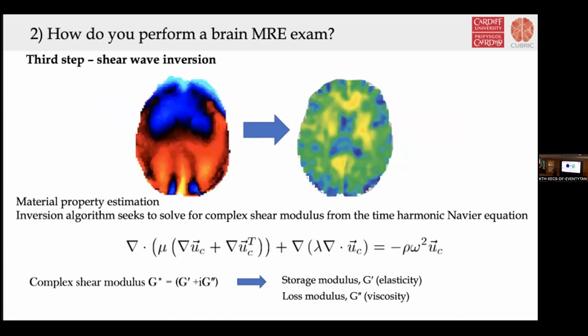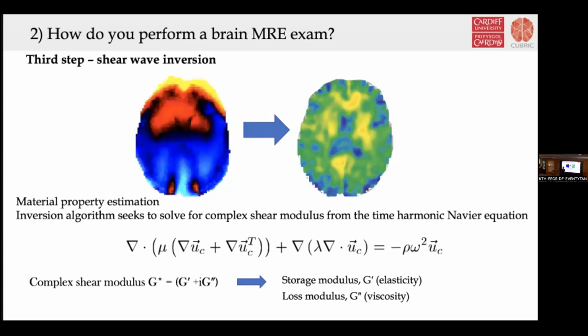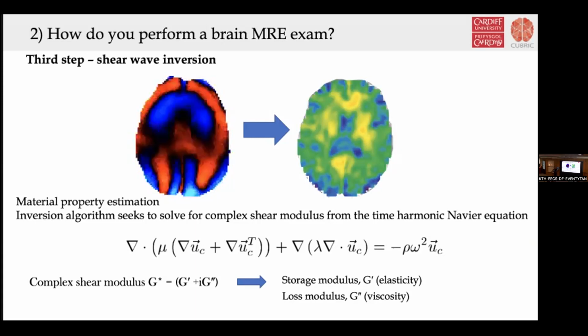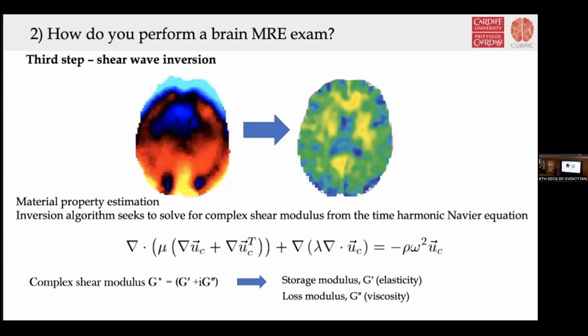Ultimately the outcome is the complex shear modulus. So you get the storage modulus, which describes the elasticity of the material, and the loss modulus, which describes the viscosity. The storage modulus relates to the wavelength traveling through, and the loss modulus is more about the wave attenuation, which describes the viscosity of the material. There are many different inversion algorithms, but they're basically all solving the same basic equation, often with these simplifications for computational reasons.